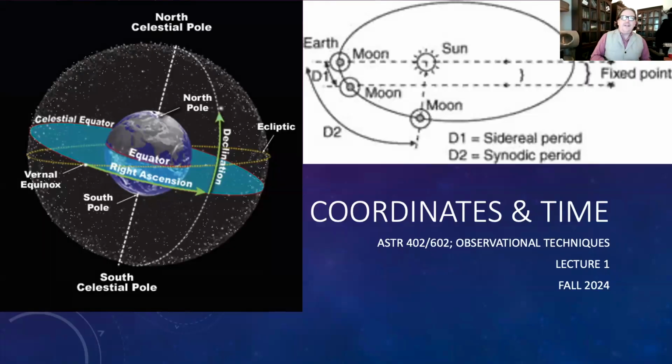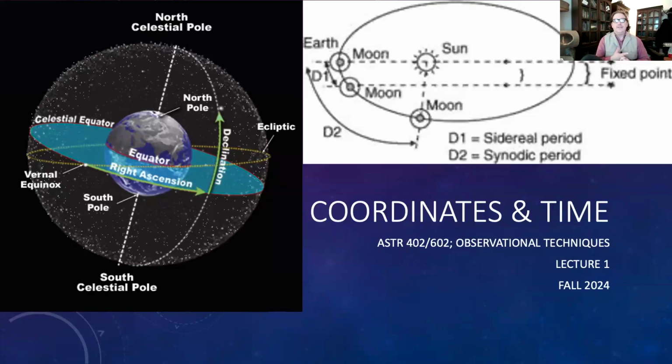The reason why it is important to start with coordinates and time is because as astronomers, when we do observations, those are the two most fundamental things that we have to take into account. One, where is the object in question, and when are we actually taking those observations?